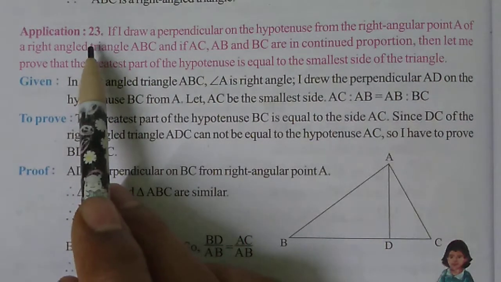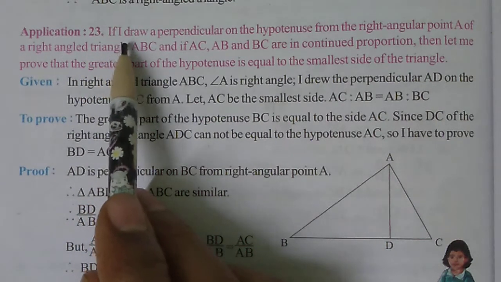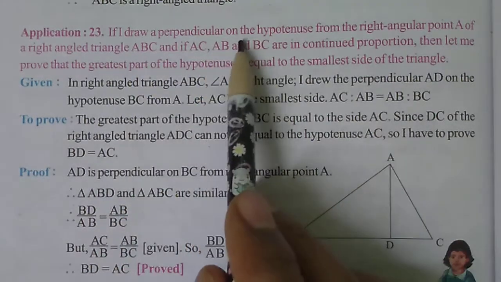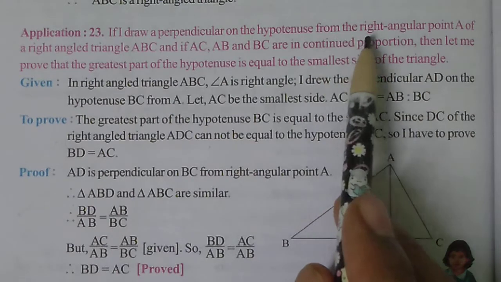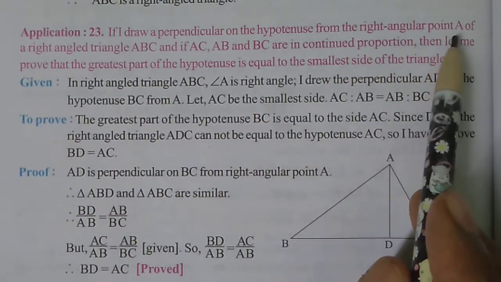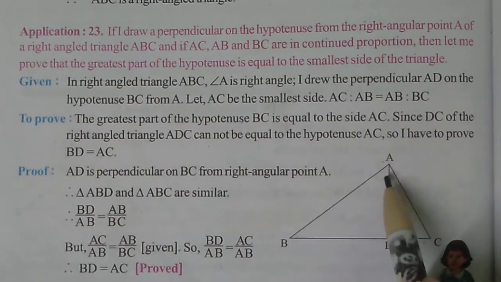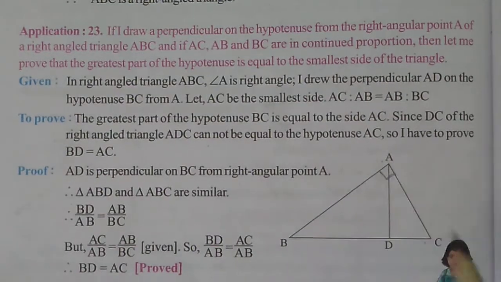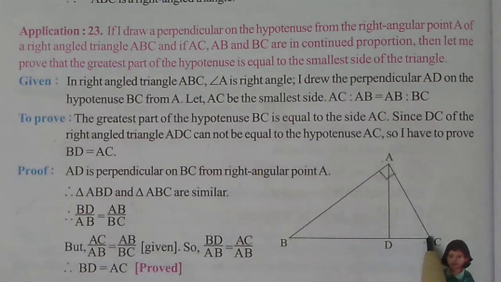Application 23. Here the problem states that if I draw a perpendicular on the hypotenuse from the right angular point A, here the triangle ABC is the right angle triangle, A is the right angle, and BC is the hypotenuse.